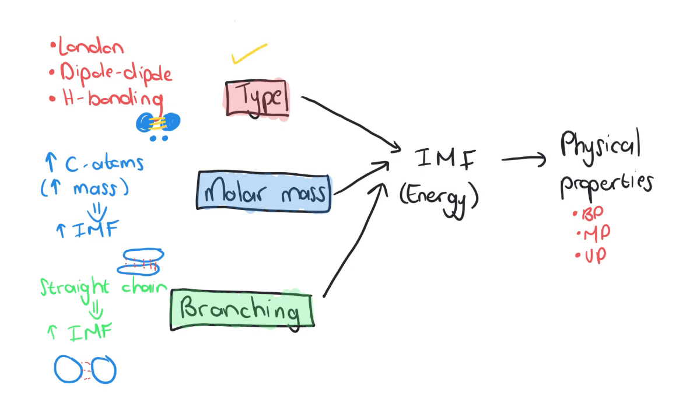And when they change the functional group, make sure that you mention what type of intermolecular force each molecule has. So write down, this one is an alcohol that has hydrogen bonding. This one is a ketone, so it has dipole-dipole. And then you say the hydrogen bonding is stronger than the dipole-dipole, and so on, the whole thing again.